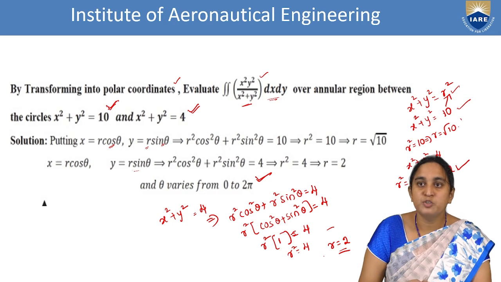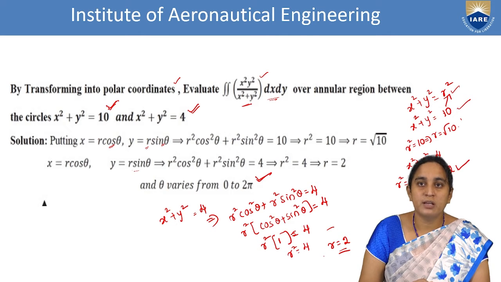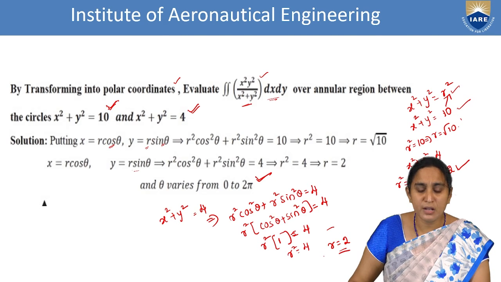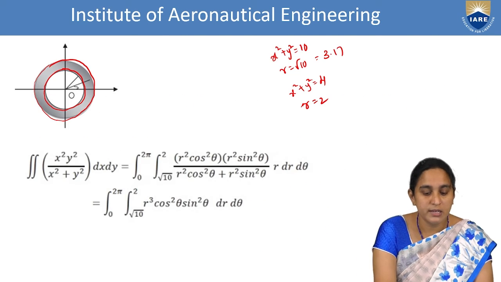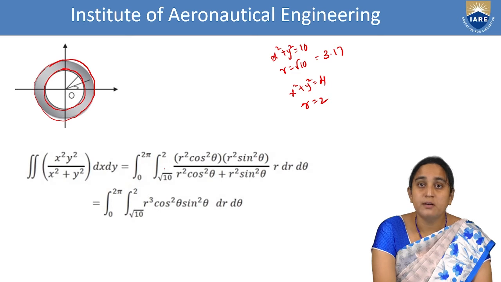Okay, now I'm substituting each and every value in the given question. What is the form of the given question? Double integral of x square y square by x square plus y square into dx dy. Now I'm converting the given question into polar form.